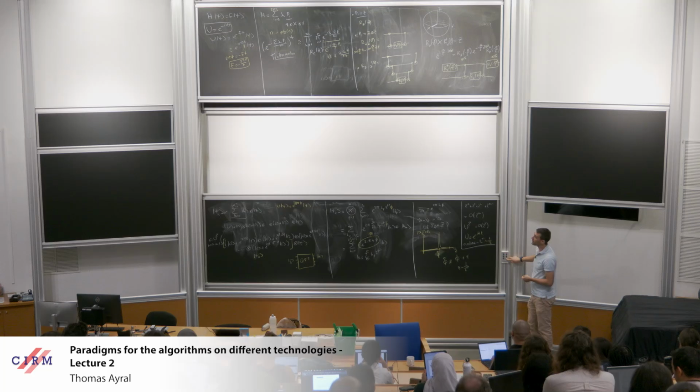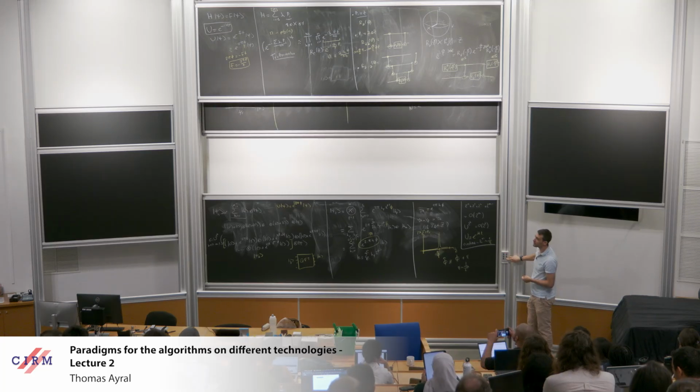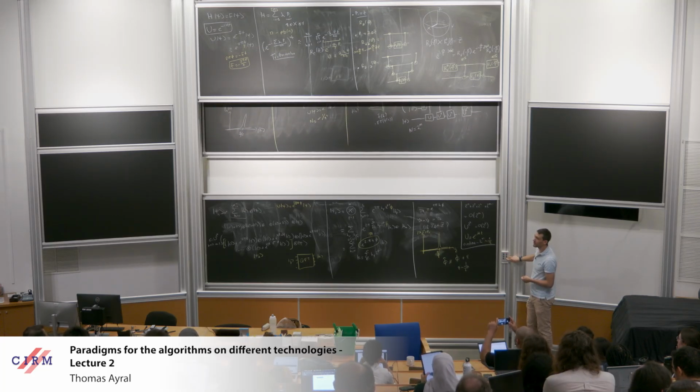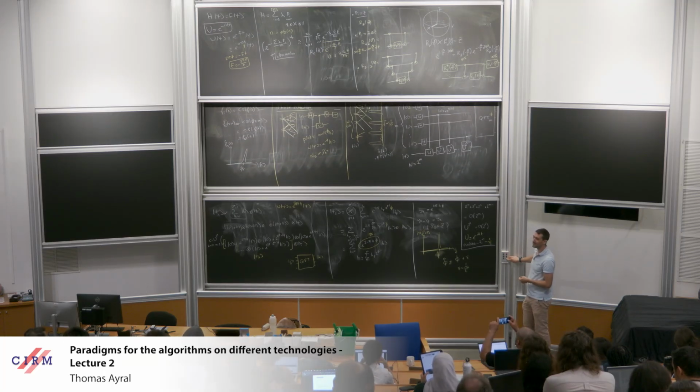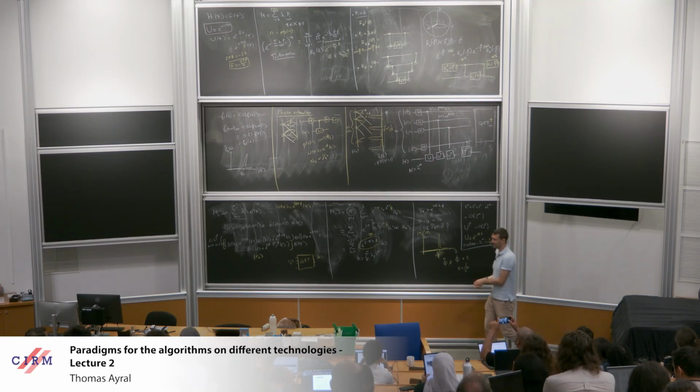So now I'm going to spend the last 15, 20 minutes to tell you a bit about what we do today in quantum computers. And it's very simple because since they're pretty limited, we do quite simple stuff.